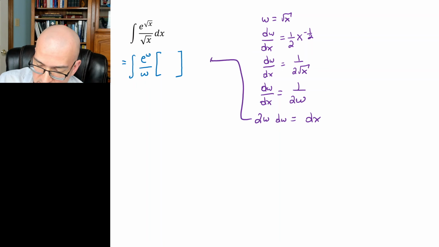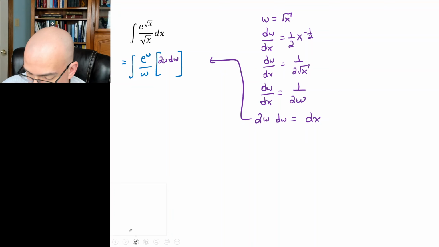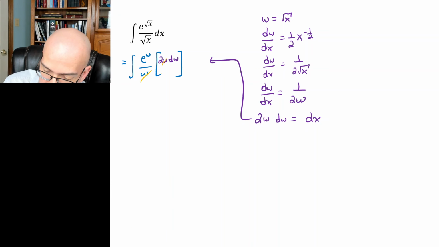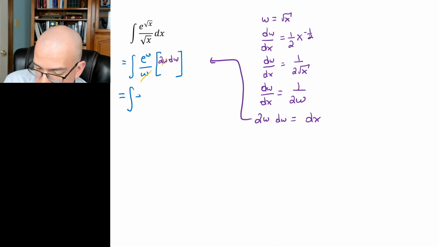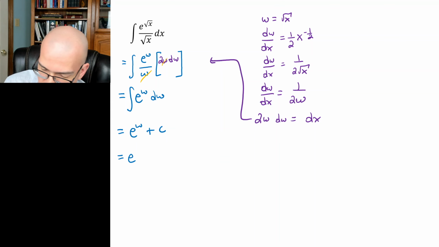and sub that in over here. Now we have a w on top that cancels the w on the bottom. And the integral is nice, just antiderivative of e to the w. Antiderivative of e to the w is e to the w plus c. And then we can plug in, oh, I forgot the 2. Where's my 2?